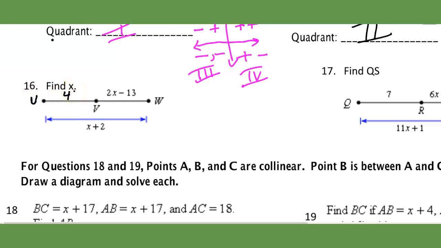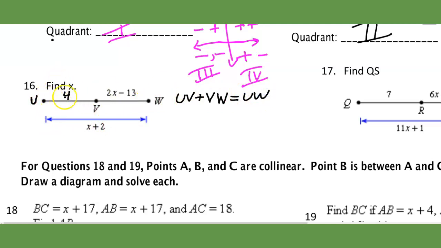Without that, we can't really solve this equation. So the 2 smaller pieces, uv and vw, should add up to be our bigger piece, which is uw.